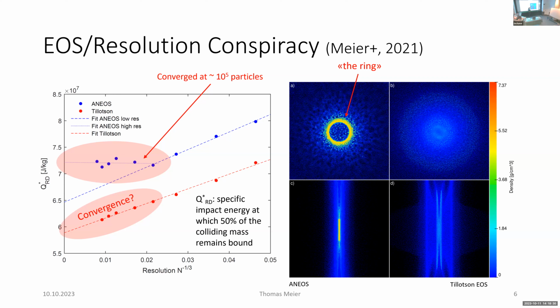Once the resolution is high enough to resolve this feature, the value of Q*RD doesn't change anymore. And this is not found in Tillotson. The reason for that is, again, the vapor phase of the equation of state, which has a more physical modeling in ANEOS, modeling this ring.